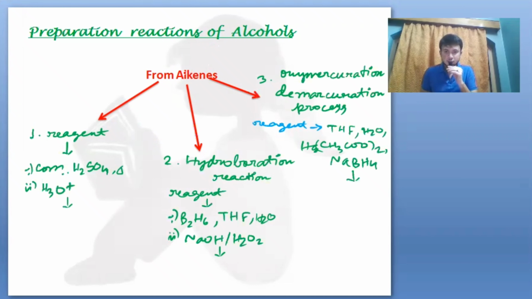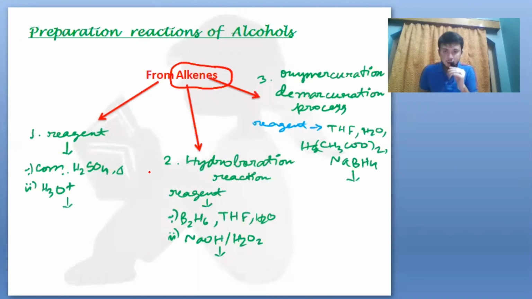So first is from alkenes. Okay, so we can prepare the alcohol by concentrated H2SO4 and giving it heat, and in the second step giving it H3O+. That will be one reagent.